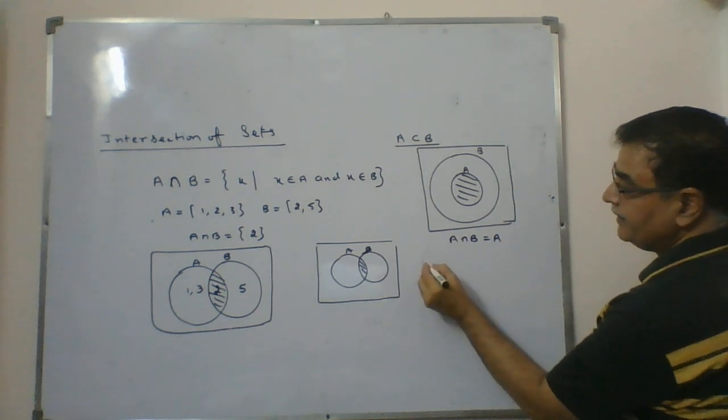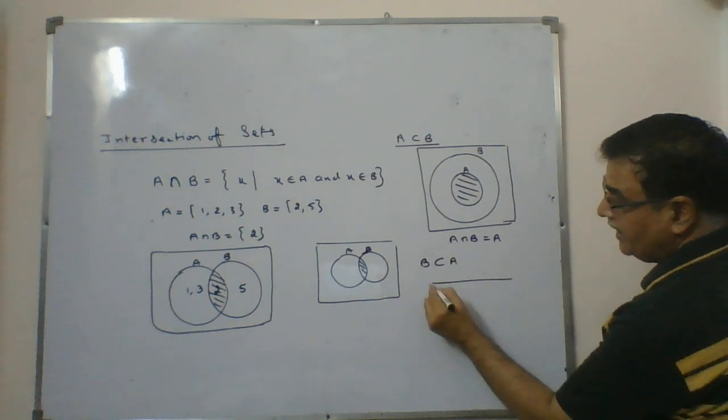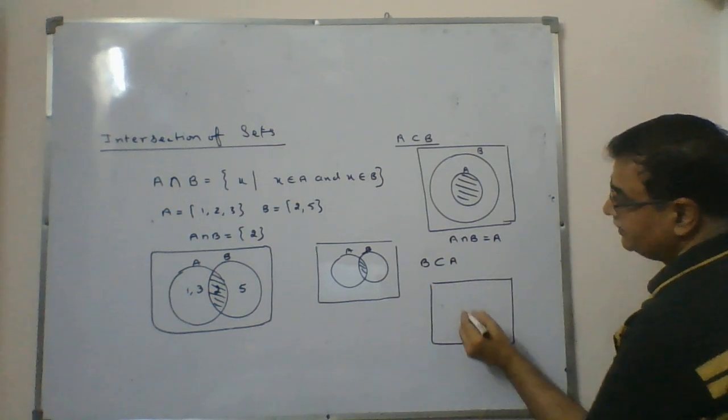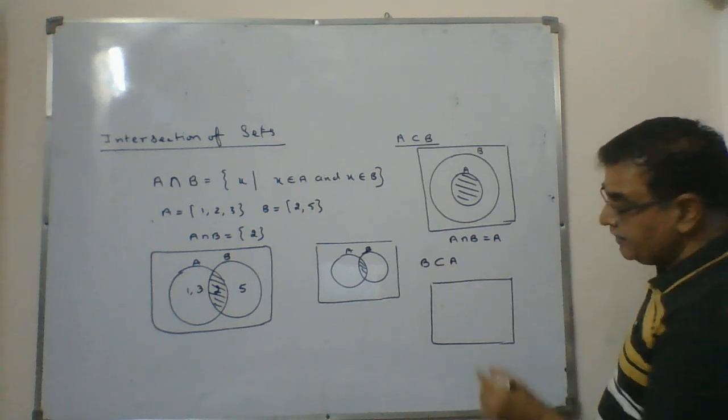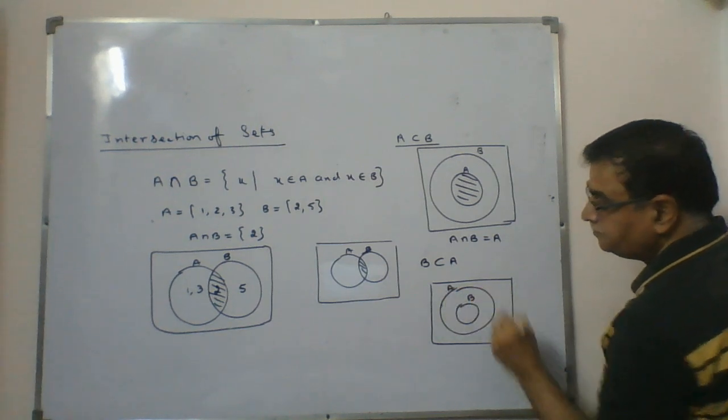In the same way, if I say B is a subset of A, which will be smaller in this case? B is smaller, so B goes here, A goes out here.